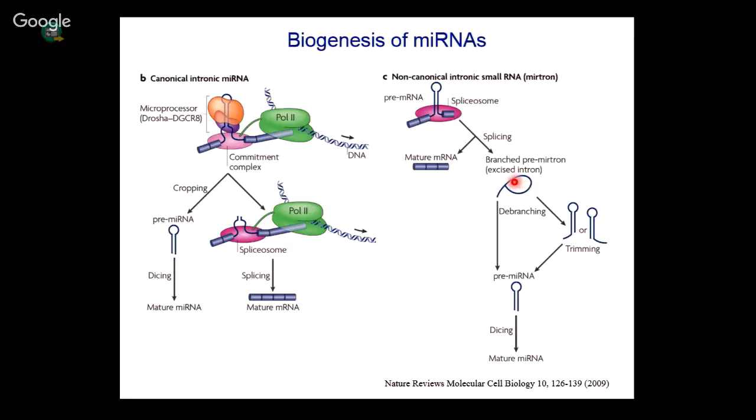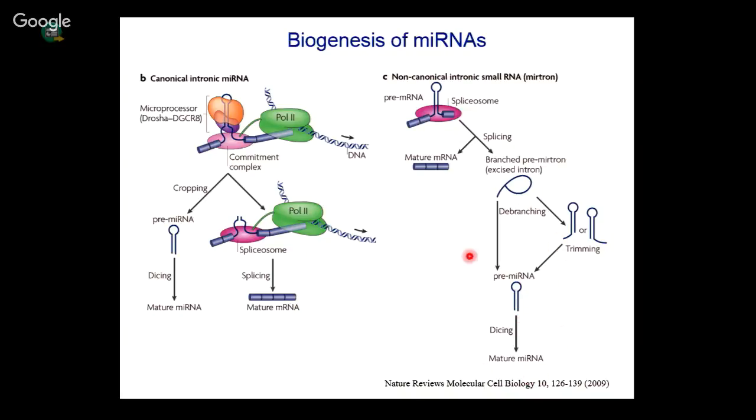However, in some non-canonical intronic small RNA, the small RNA sequence is very close to the branch site or in the lariat of the splicing product. So the mechanism is that after the splicing, the branch will be debranched to reform the pre-microRNA without the Drosha-DGCR8 complex cleavage, or will be trimmed by exonuclease to generate the pre-microRNA hairpin structure, followed by the mature microRNA biogenesis.